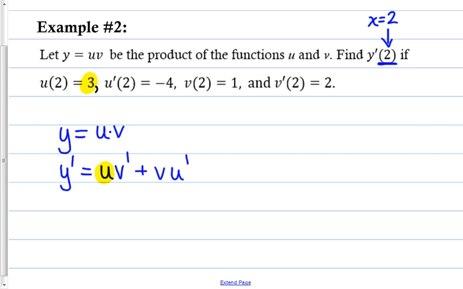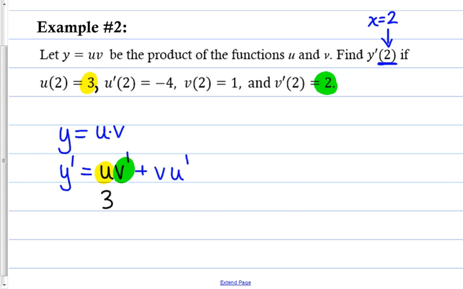So 3 times v prime. Where is v prime? It's over here, it's equal to 2, right?